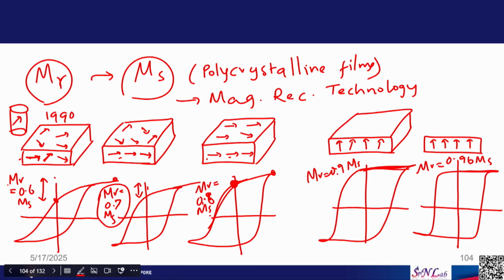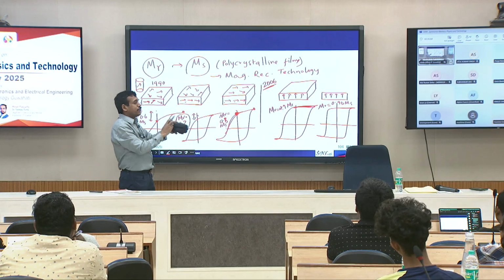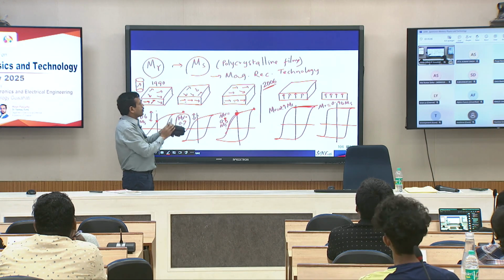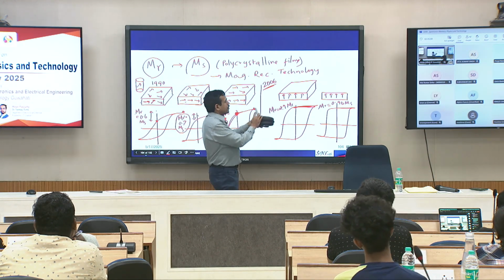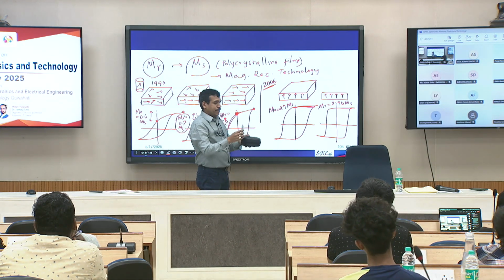Then somewhere in 2006, the disk industry switched to perpendicular recording technology. Now the magnetization is not in the plane, it is perpendicular to the plane. In this direction you do not have much variation.